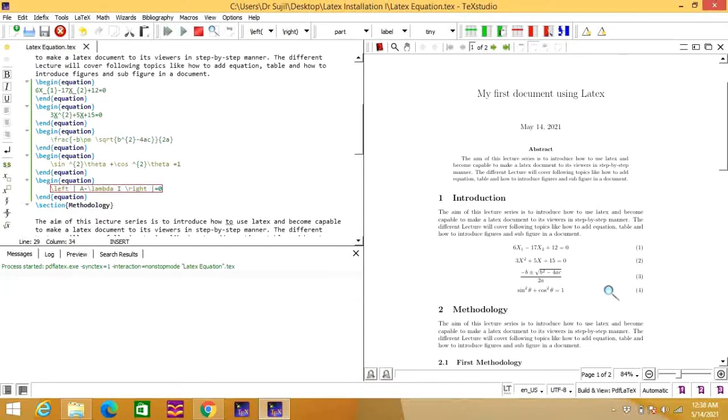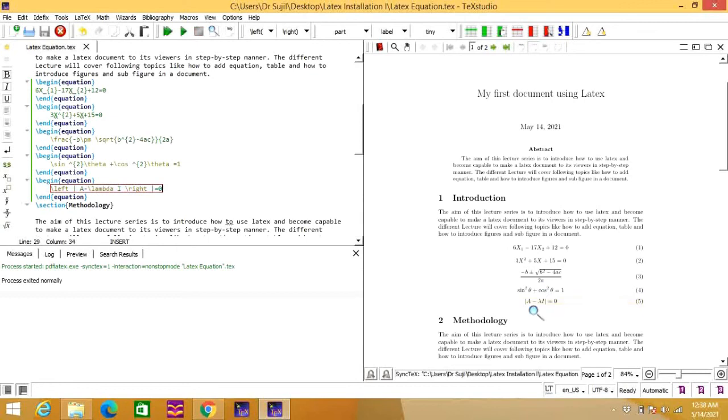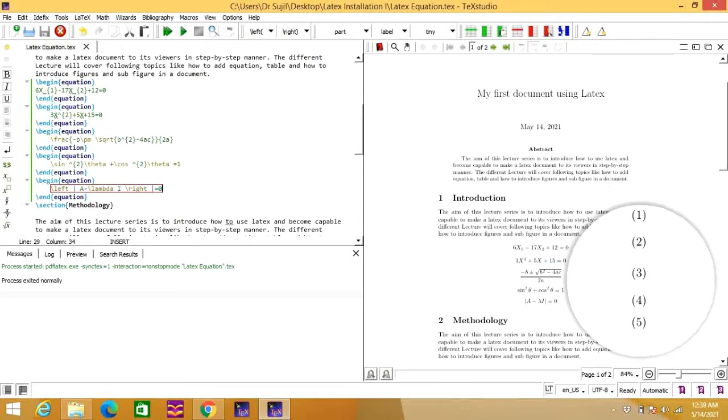So you can see the fifth equation is also generated here, that is mod A minus lambda I equal to 0. Now suppose we need to remove the numbering of this equation. So let's see how we can do that.